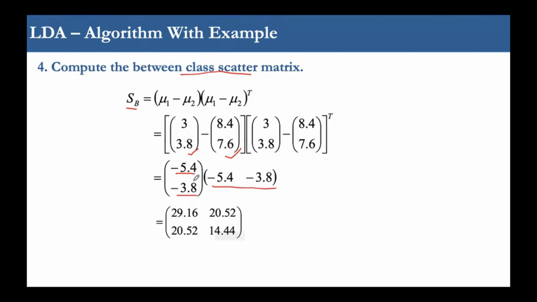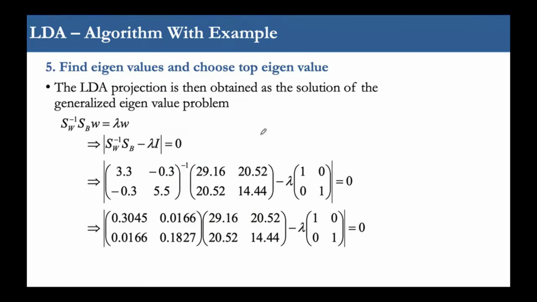So it is a 2 by 1 and a 1 by 2 matrix, so we will be getting the matrix in the form of 2 by 2. This is said to be SB. The next step is we need to find the eigenvalues and choose the top eigenvalue. You know how to compute the eigenvalue.